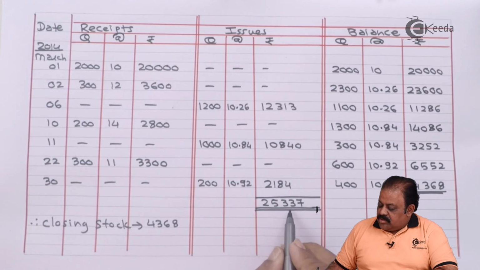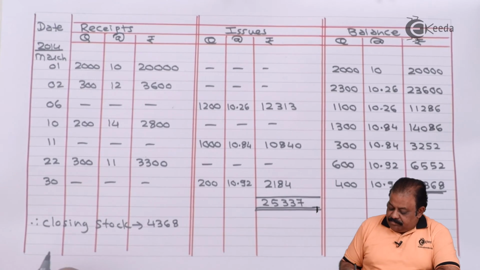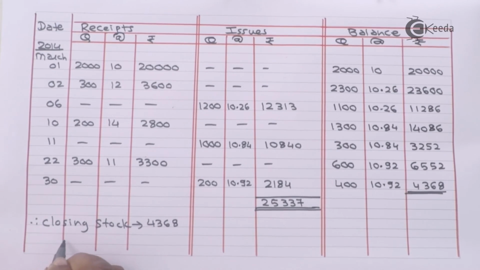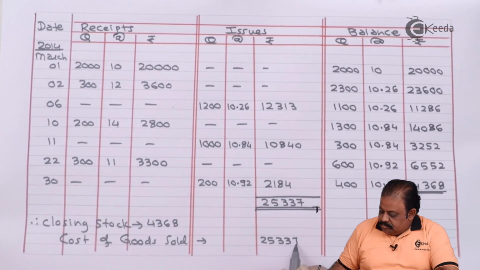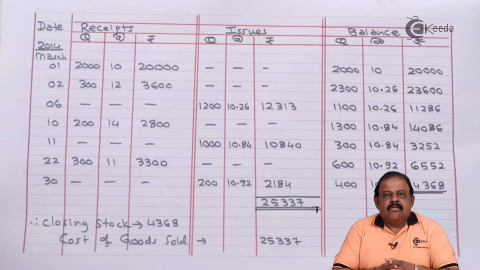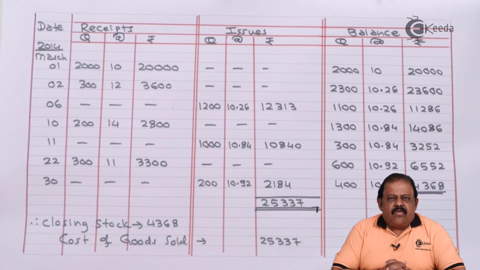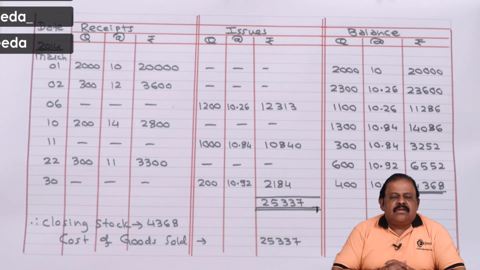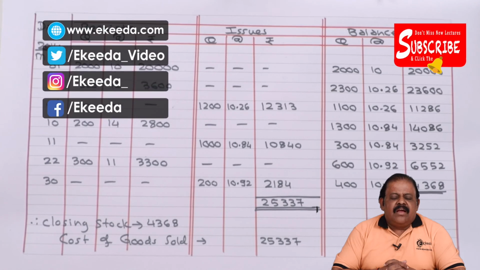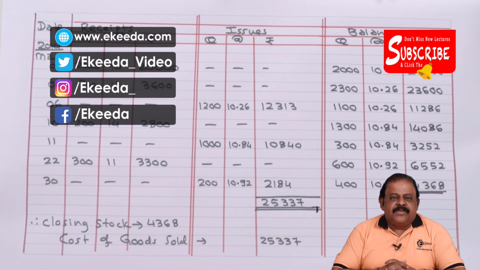It is 25,337. So we have calculated closing stock as well as cost of goods sold under FIFO method and weighted average basis.